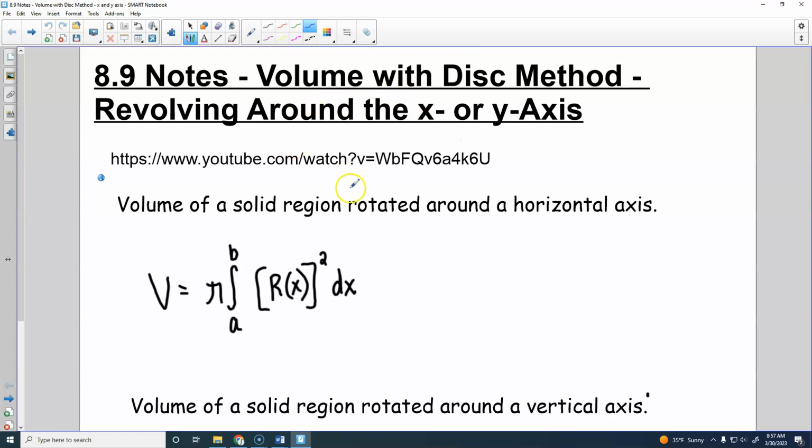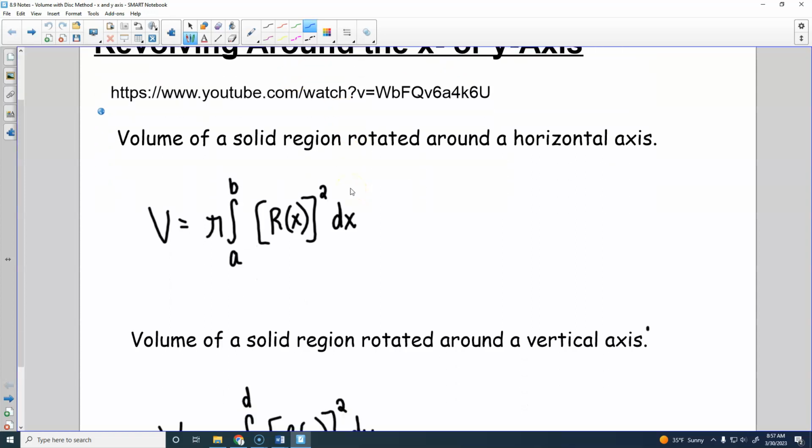Alright, so the formula for this, if we rotate around a horizontal axis, the formula for all of these is going to be the equation of a circle. So this pi right here can go on the inside or the outside of the integral.